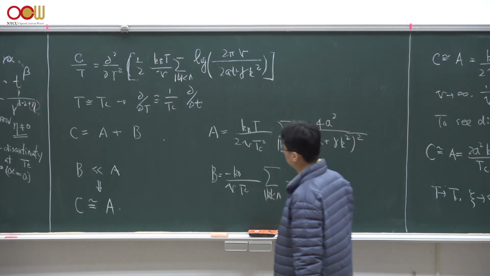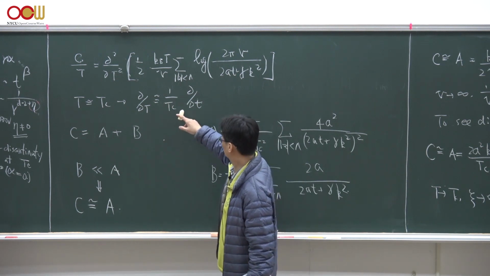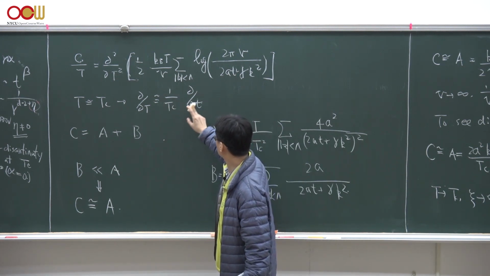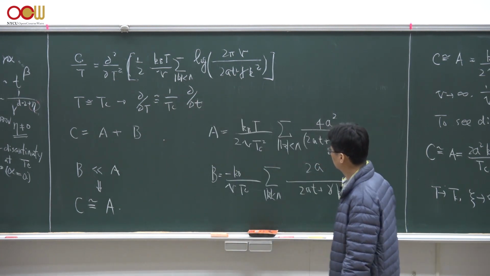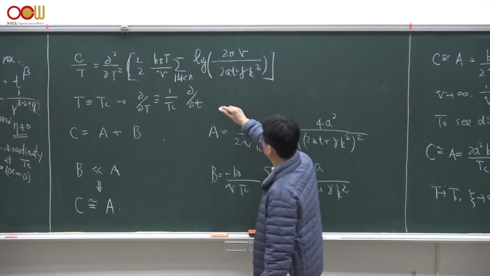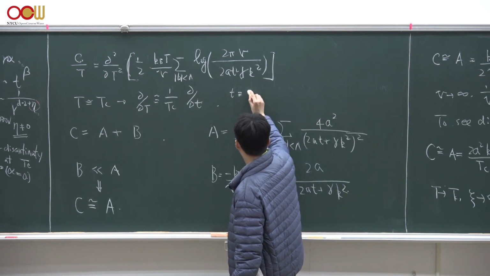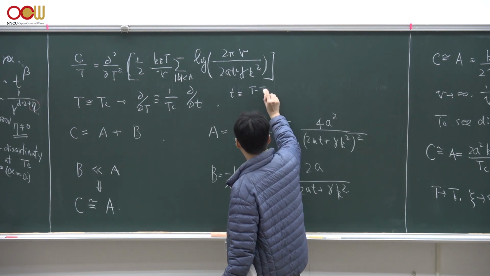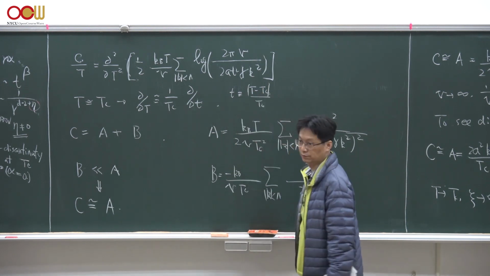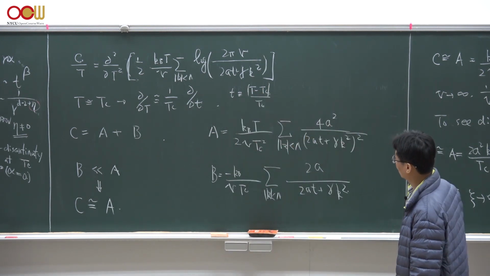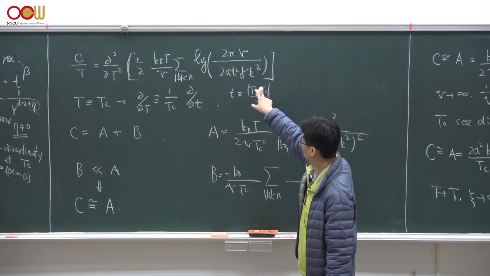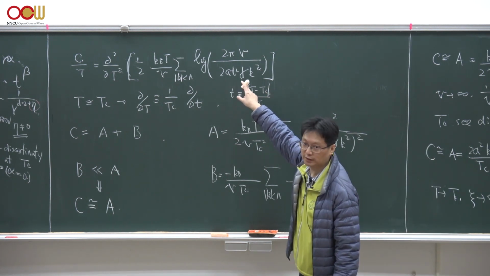This temperature derivative is reasonably approximated by 1 over Tc times the partial derivative with respect to little t. Remember, this little t is actually the absolute value of T minus Tc divided by Tc. But this is a cumbersome job, to evaluate this temperature derivative to second order.